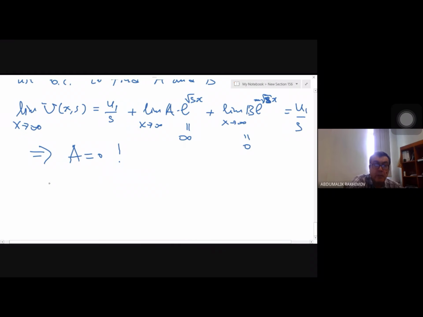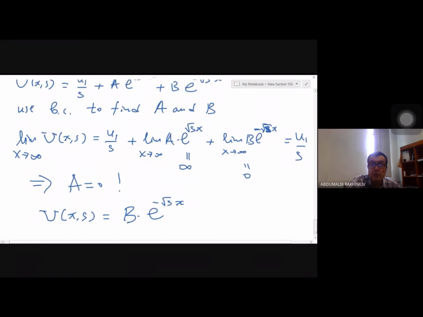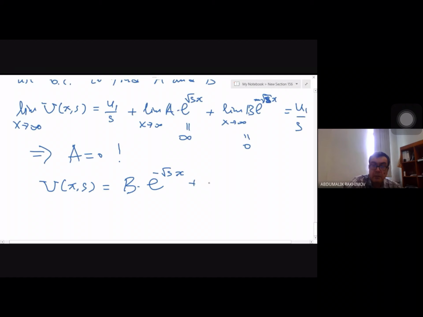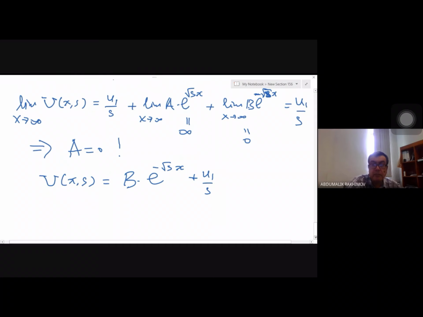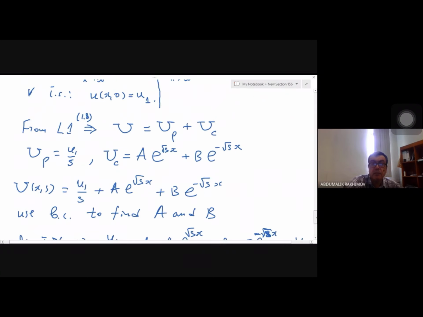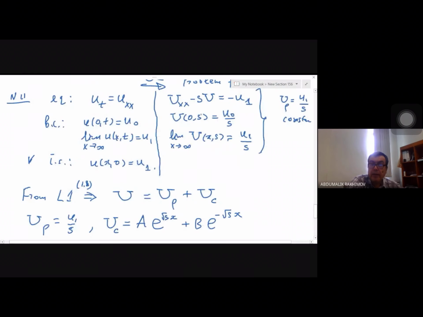So if A is 0, then my u of x, s without A will be just b times exponential minus root of sx, plus u1 over s. Now I will use the second boundary condition. What is the second boundary condition? u of 0, s is equal to u0 over s.